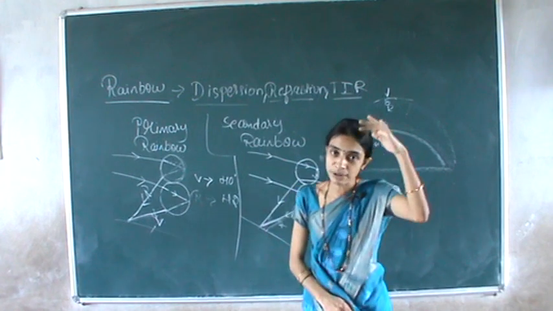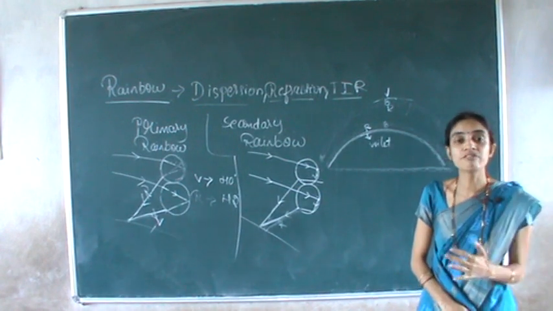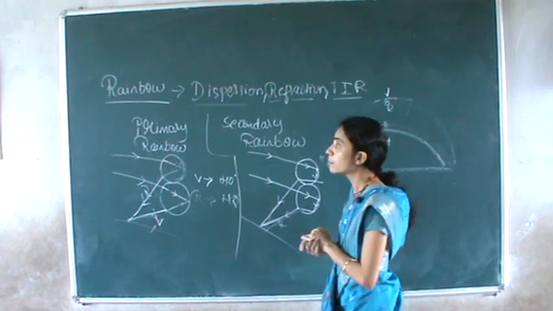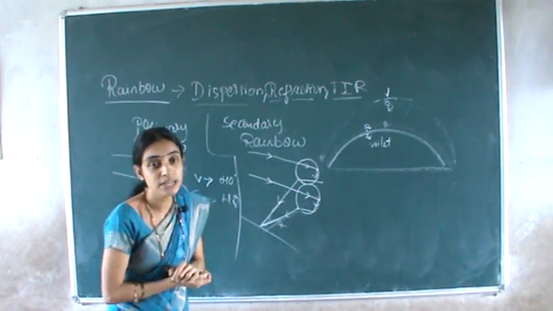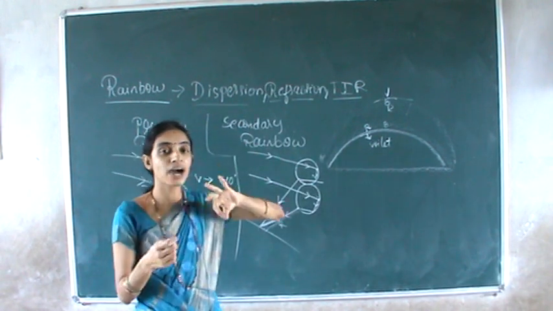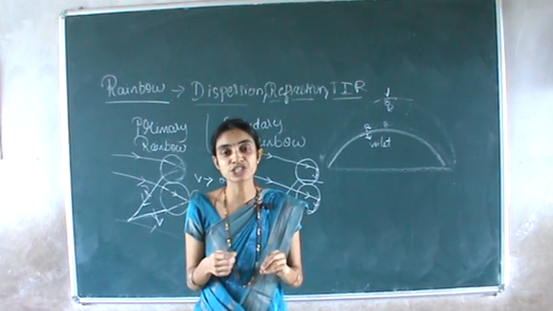The intensity will be a little less when we compare it to the primary rainbow. That is how the primary rainbow occurs. Rainbow formation occurs mainly because of dispersion along with refraction and reflection.